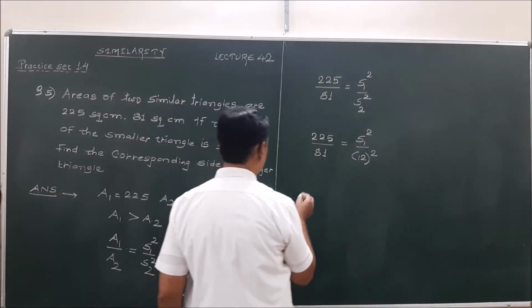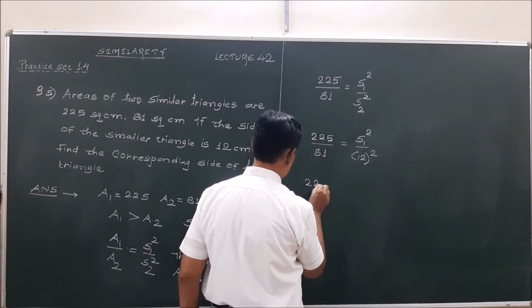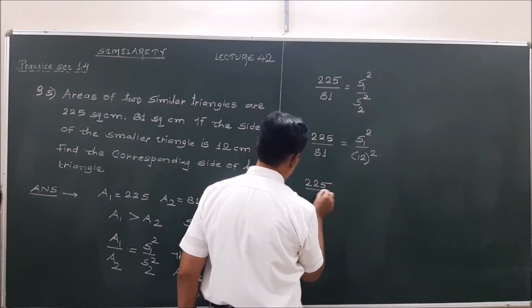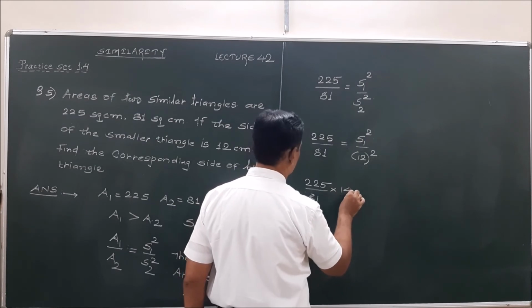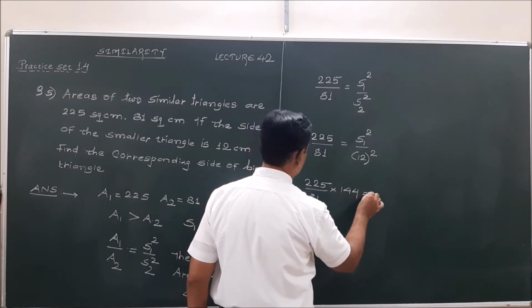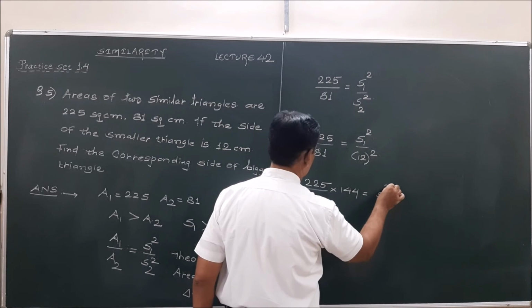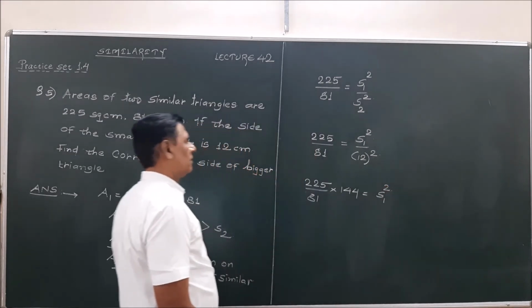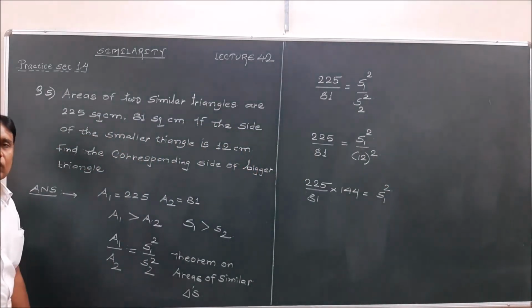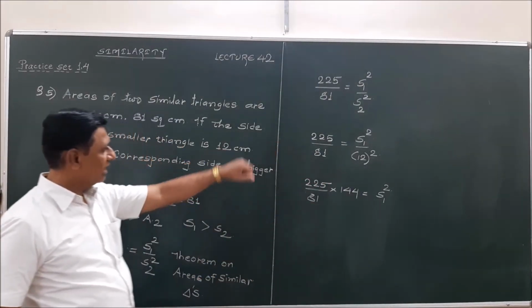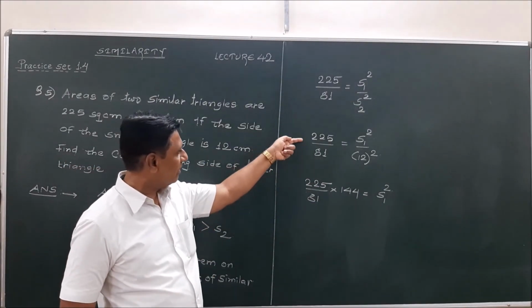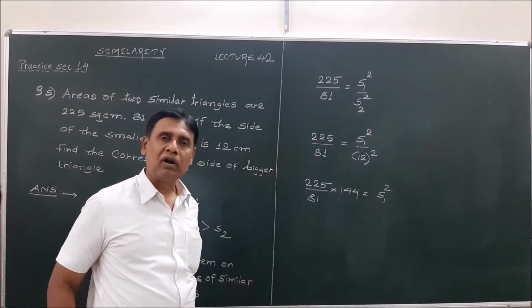Okay, 225 upon 81 into 144, that is equal to S1 square. Try to understand. 12 square is 144. I transfer it to the left hand side. So 225 upon 81 into 144.